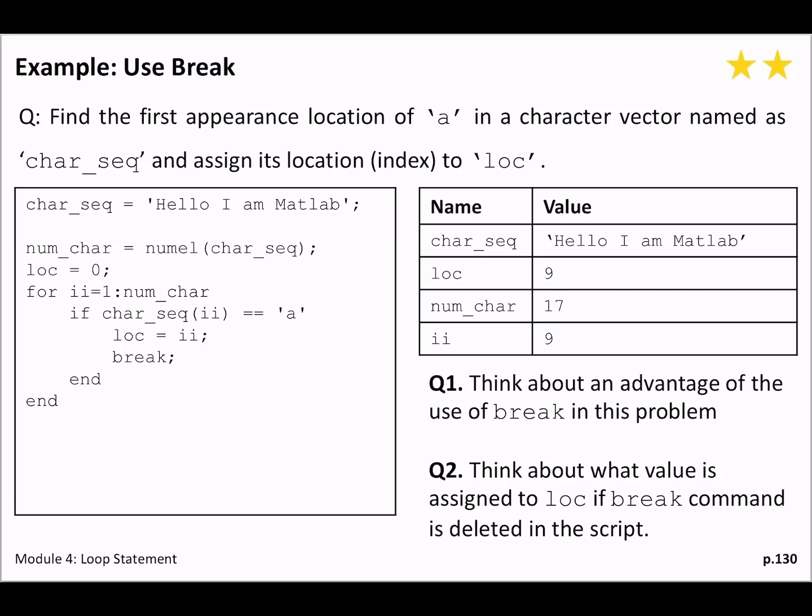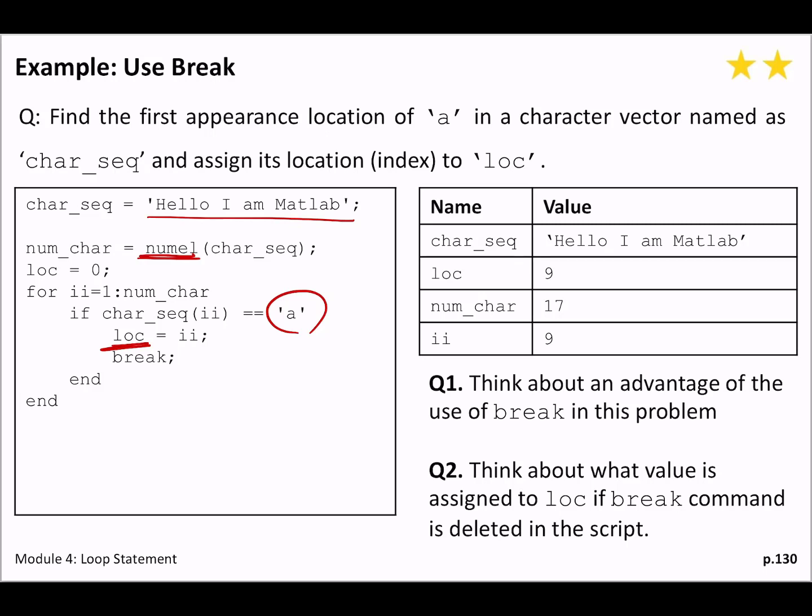And the number of sequences to find out using numel. Again, this is just a vector. The only difference is the vector contains characters, not numeric values. Programming logic is this: read the character value in the character vector and then compare with A, because we are finding the A location. If yes, we assign this location to the loc.